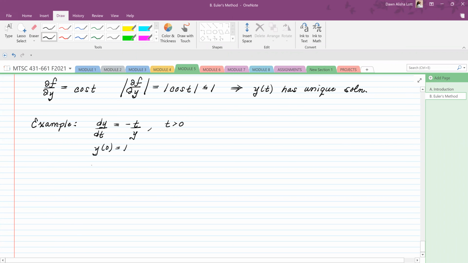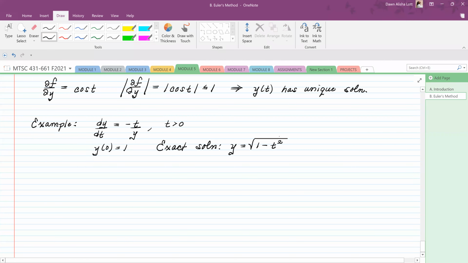And we knew that we got an exact solution, that y was equal to the square root of 1 minus t squared.